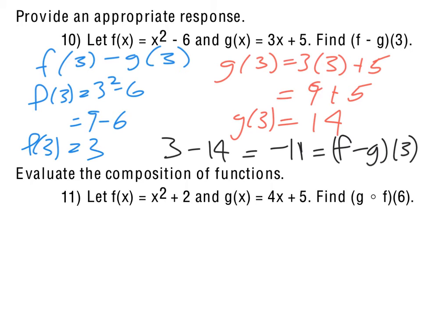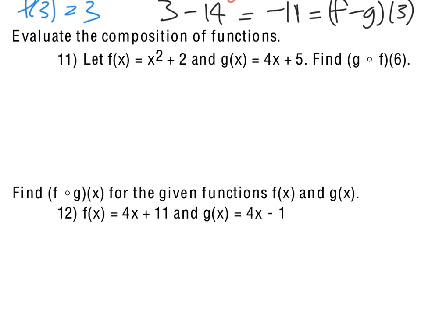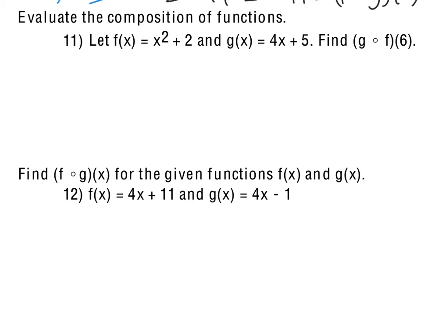For number 11, we're actually evaluating a composition of functions. Now remember, our composition is not an operation like adding, subtracting, multiplying, or dividing. We're actually inputting one function into another. A different way to write g of f of 6 is to write it like this, where we have g of f of 6. So I can see I'm really looking for f of 6.